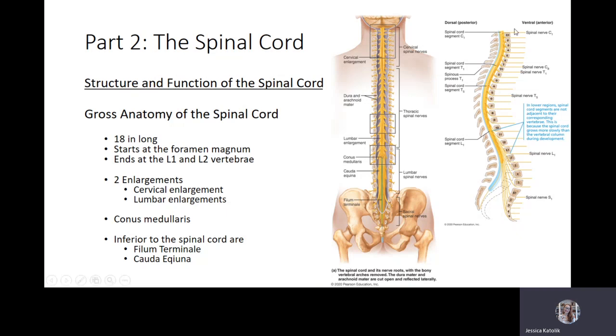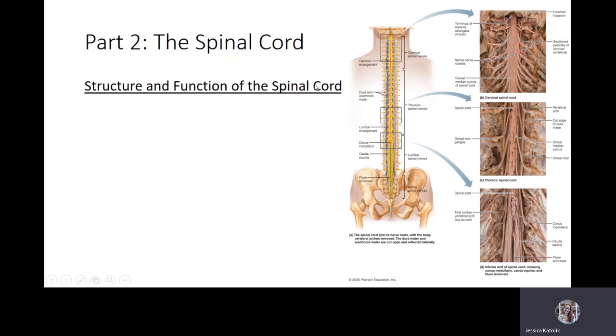The cervical enlargement is going to have the cell bodies that innervate the arms, while the lumbar enlargement is going to have the nerves that innervate the legs. So these have to be a little bit larger to accommodate those nerves. So that's the gross anatomy of the spinal cord.